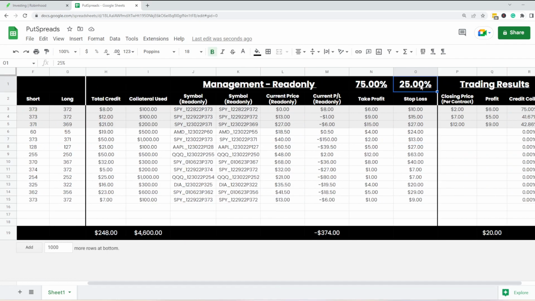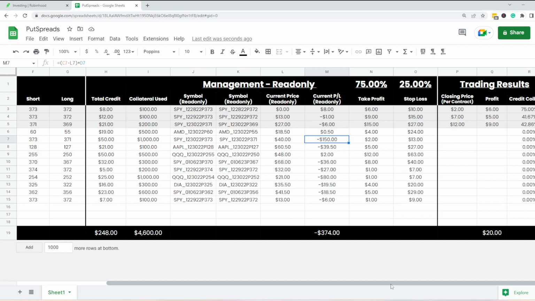So I think we're well beyond that. We're probably sitting at a 300% loss on that, so definitely not ideal. That's a loss on the credit, not of the collateral. We're only down $150 on our $950 at risk there.